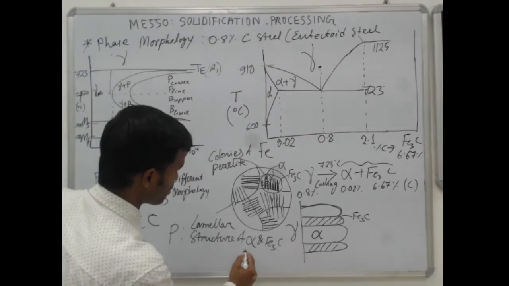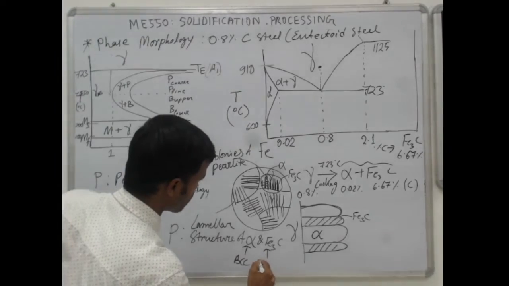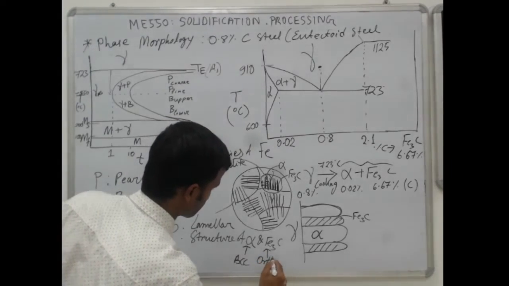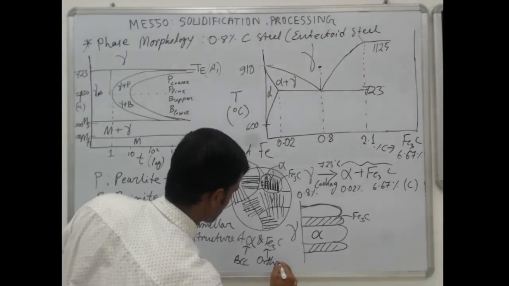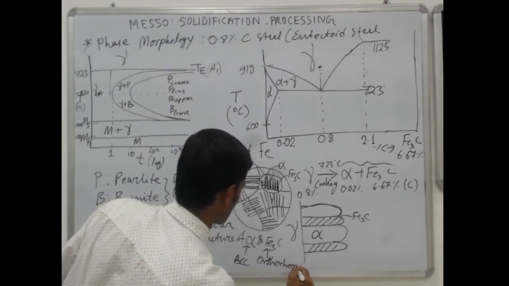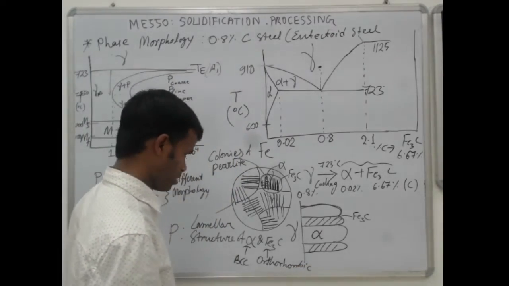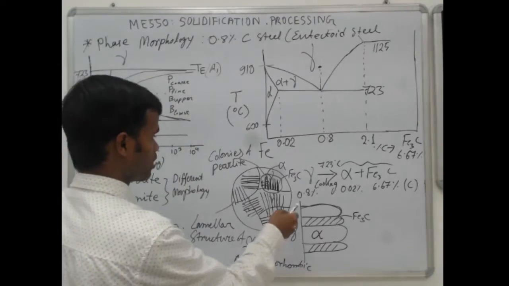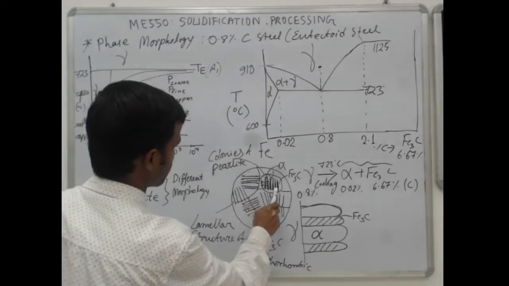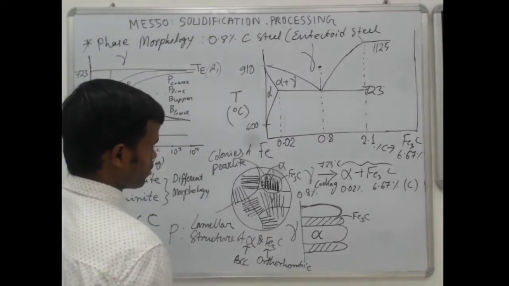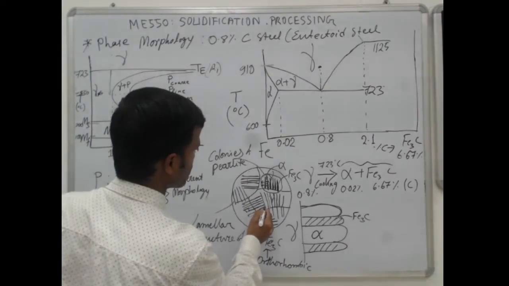Alpha has a BCC structure, this has orthorhombic. Orthorhombic. Now the question is, let us see in detail how this nucleation actually happens. These are called pearlite colonies. This growth will be stopped when they impinge with other colonies.